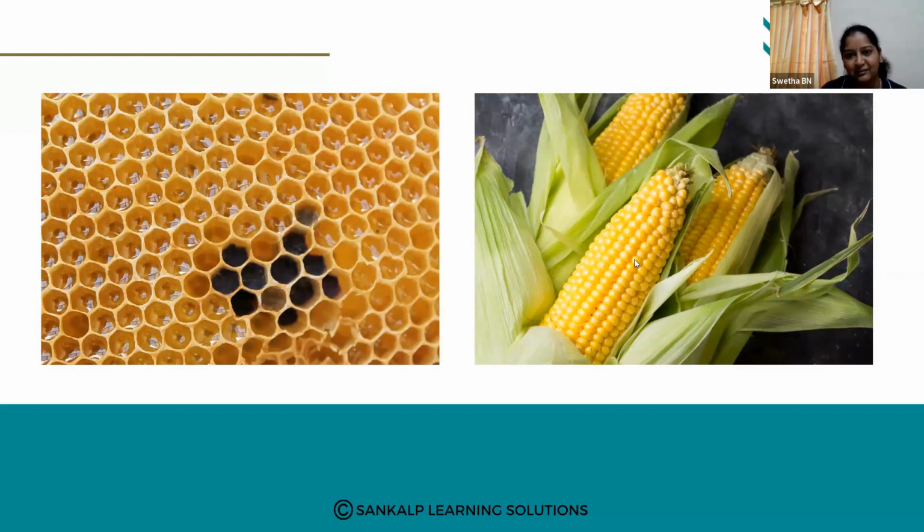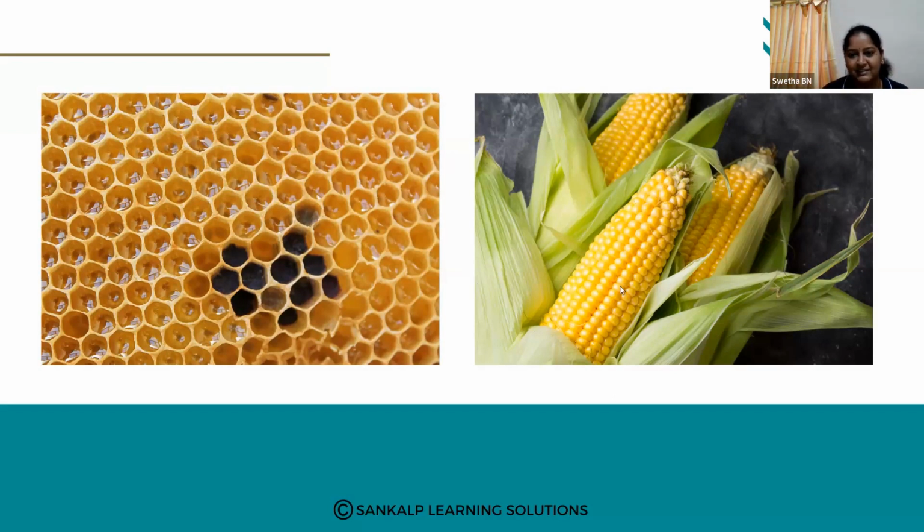And also the maize cob, here also you can see the pattern. See in all these, what comes to your mind if you see all these things? Ma'am, patterns. Yes, patterns. See how nicely they are arranged.